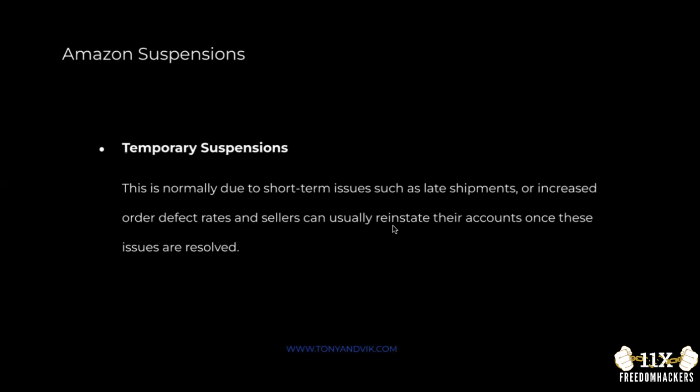But if you're mainly just doing FBA, then this isn't much of an issue, because one thing that Amazon has always valued is the delivery time, how quickly the customer gets their product. And if there are any kind of delays on that, then Amazon won't be happy and they might actually suspend the listing or prevent getting more sales until the issues are fixed.